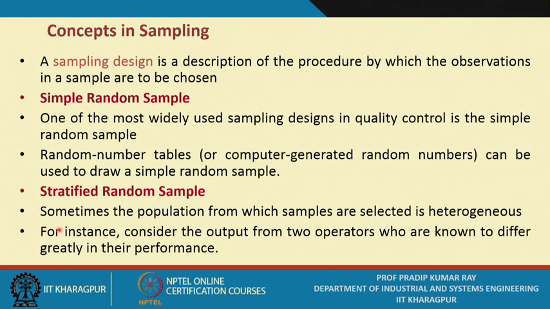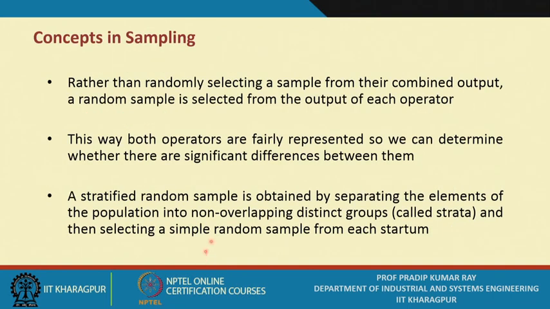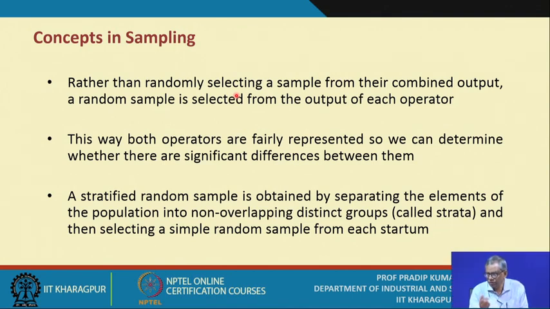Okay. So, for instance, consider the output from two operators who are known to differ greatly in their performance. Same example. You have to collect a sample from one operator, and similarly for the second operator. I will elaborate on it later on. The stratified sampling method is widely used in the field of quality control.